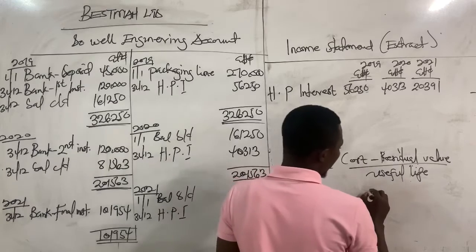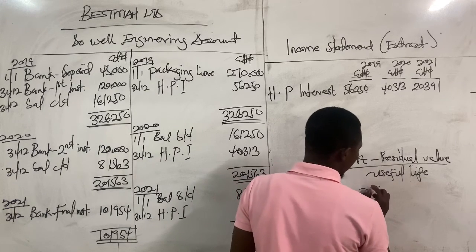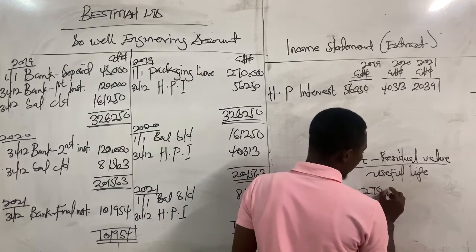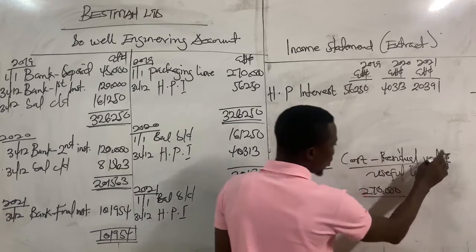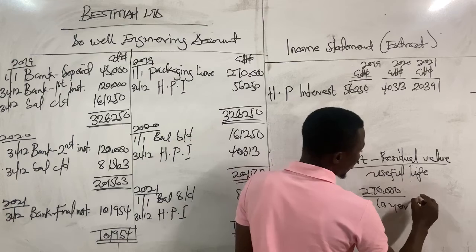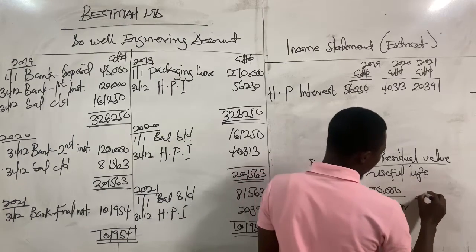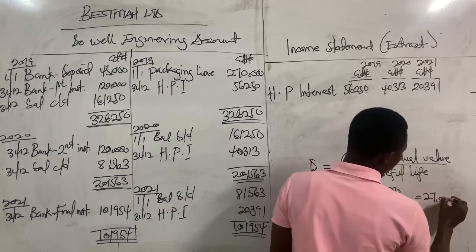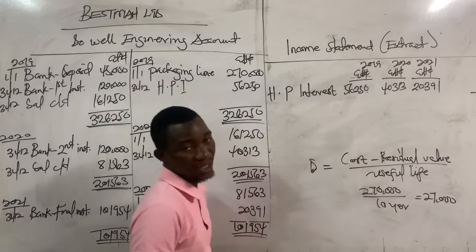So the cost is 270,000. There is no scrap value, so 10 years. And this is going to give us an amount of 27,000 as an annual depreciation, okay?